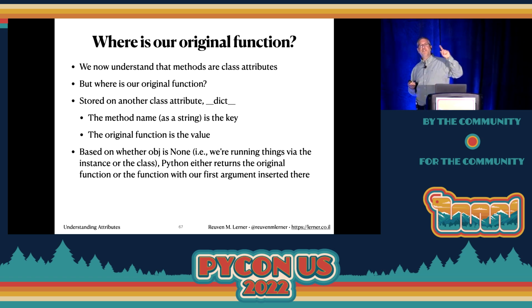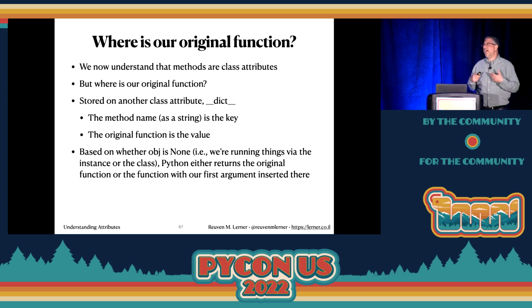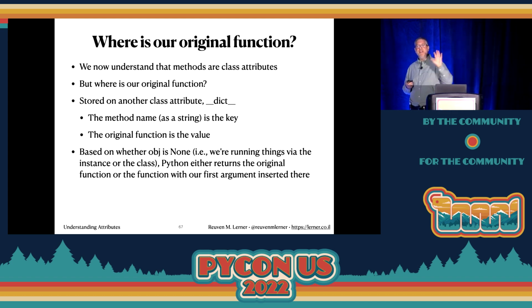So if we ask for a method via the class, obj is none, and we get back the original function, the method descriptor just returns that function from dunder dict. But if there is an object there, then Python basically creates a partial with our instance and that function, returns them together, and that is our method.